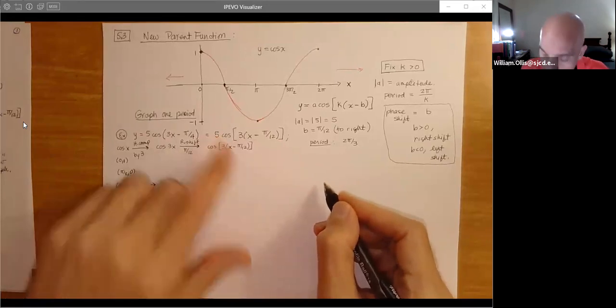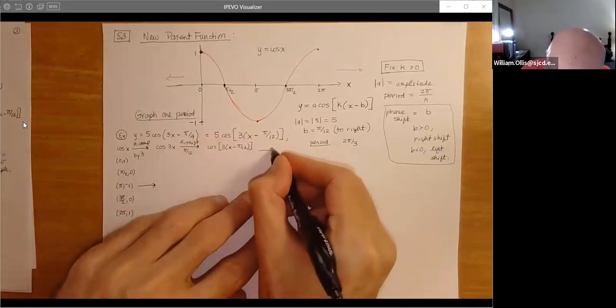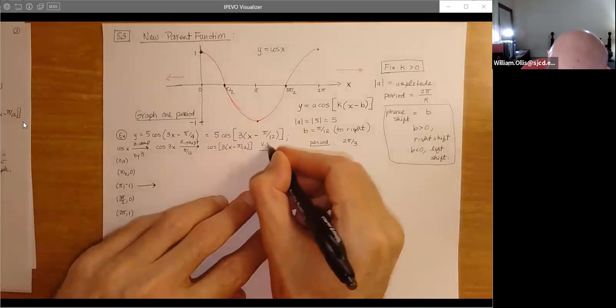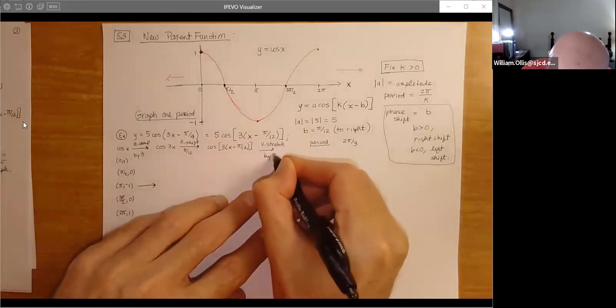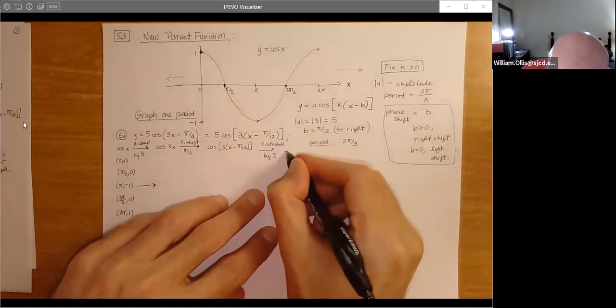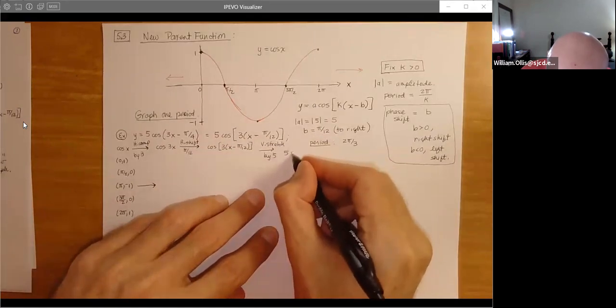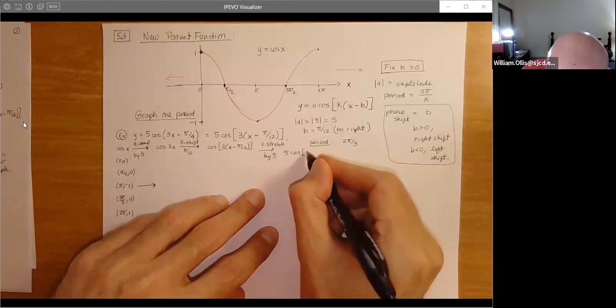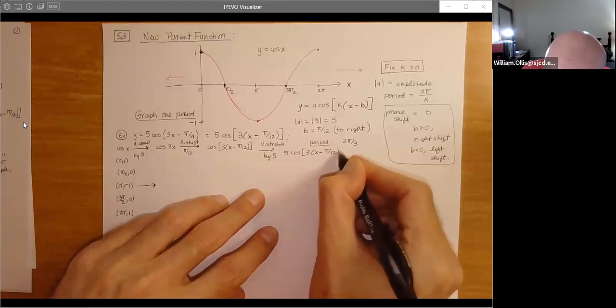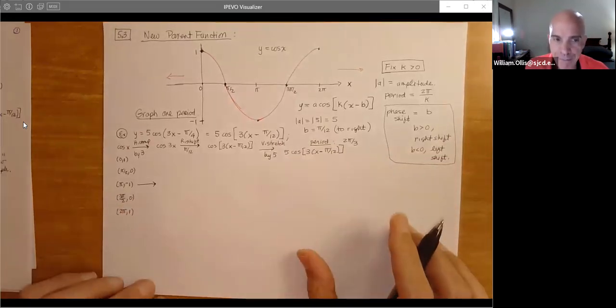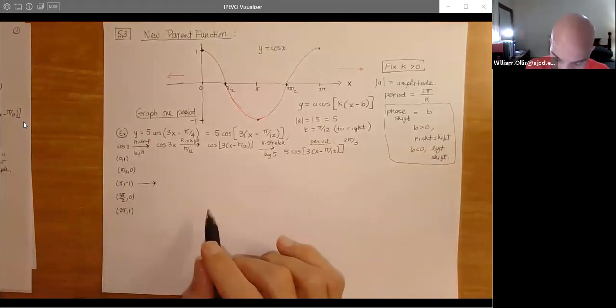And then we do a V stretch by 5. And that gives us 5 cosine of 3 times x minus pi over 12. Okay, so now we just want to move the points.